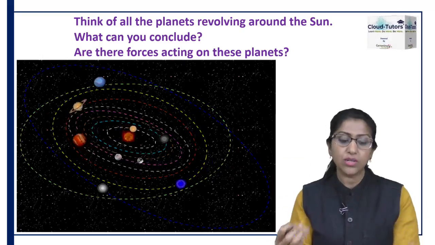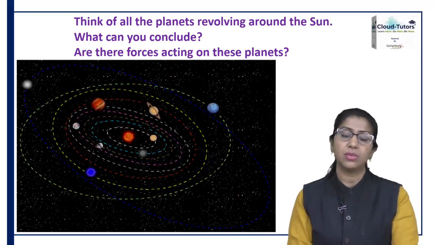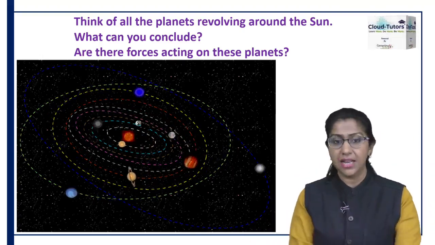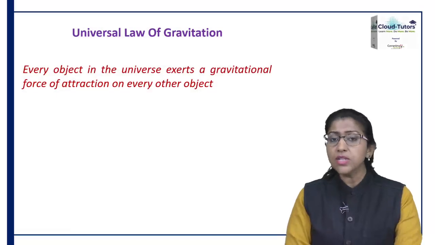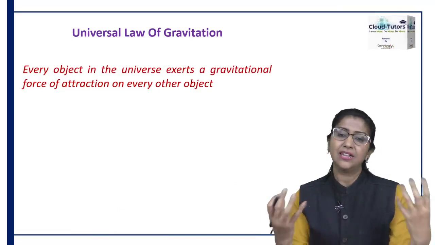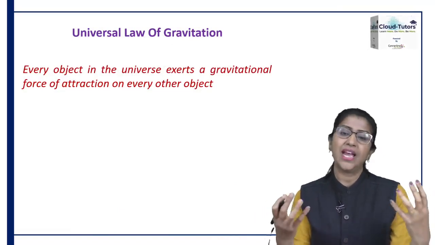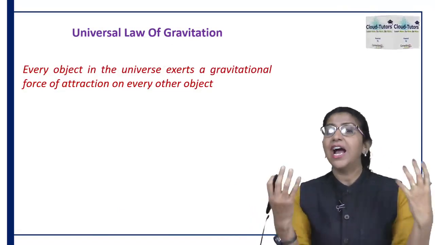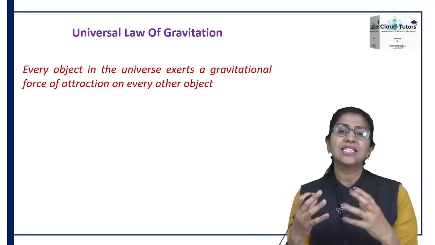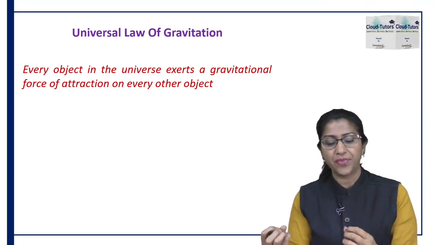It is also because of the gravitational force of attraction between a much larger body, in this case the sun, and the planets, right? So how do we quantify this? We don't have to worry about it because we have Newton. We have had Newton, and we still do, because of his universal gravitational law.